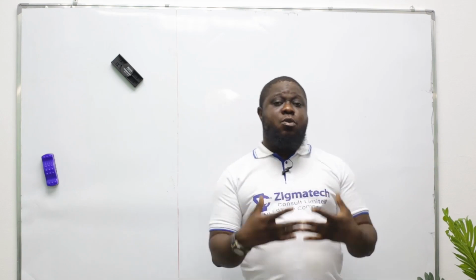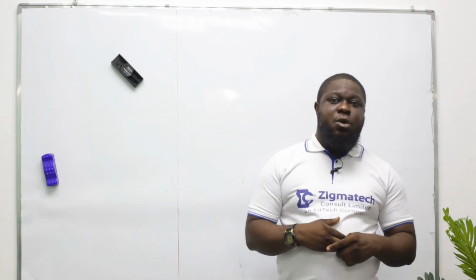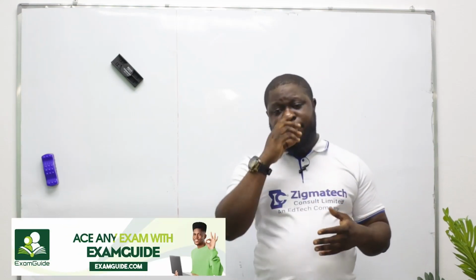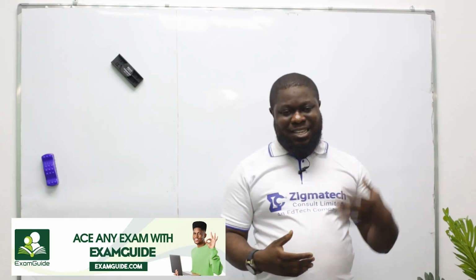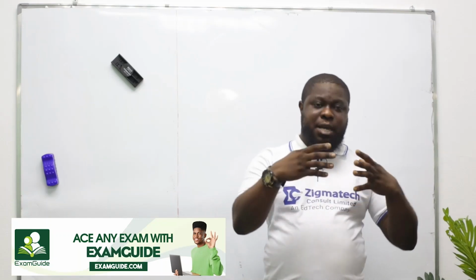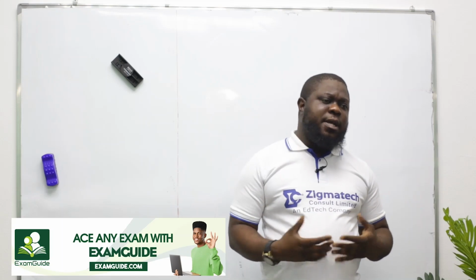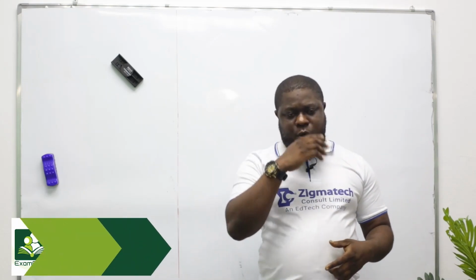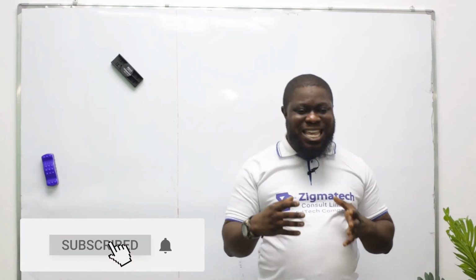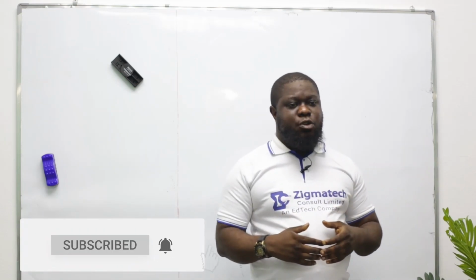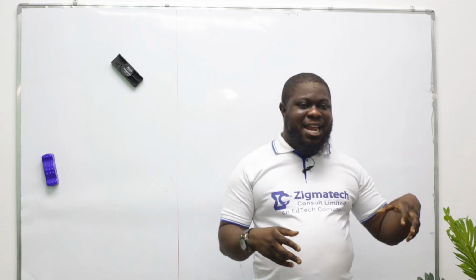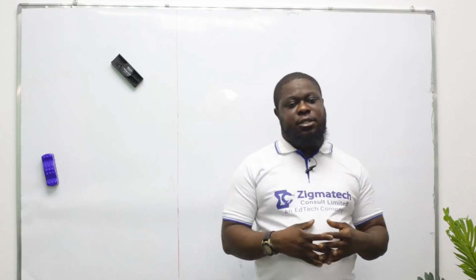Because you cannot calculate correctly what is moving. Any calculation you want to give must be calculated when it's at rest. In essence, when it is in a position, you can now calculate. Example, I want to calculate the work done of somebody. Okay? You calculate the distance he made.